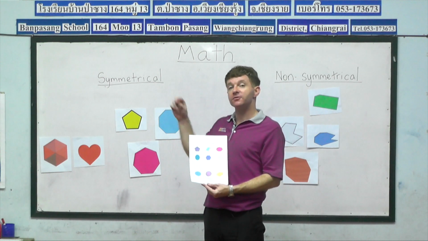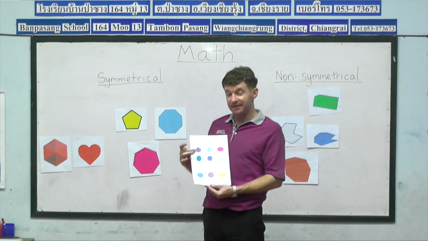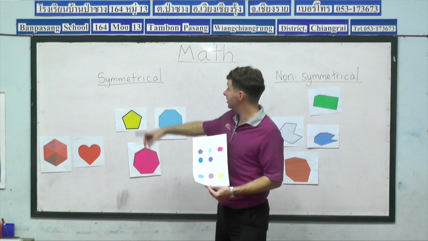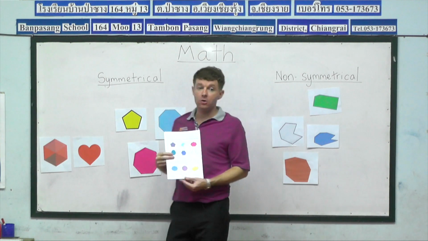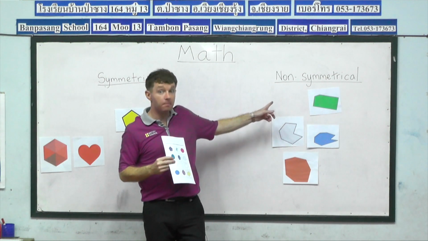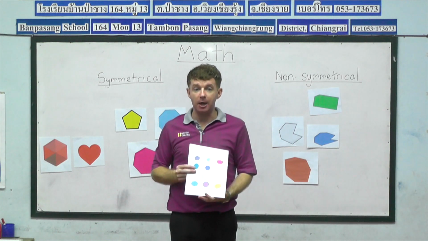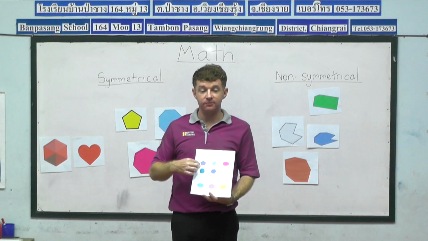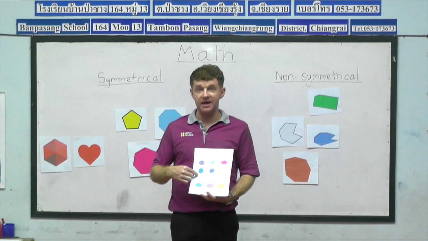Now, similar to the board activity, our students will have to decide if the shapes are symmetrical or non-symmetrical. And if they want to, tell our students that if it helps them, they can use a pencil and they can draw the lines of symmetry themselves to decide.